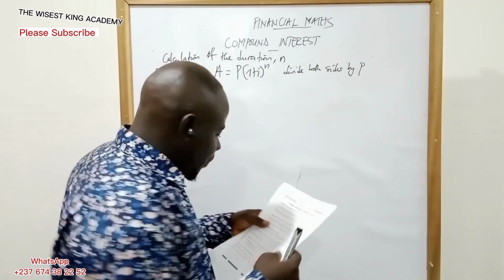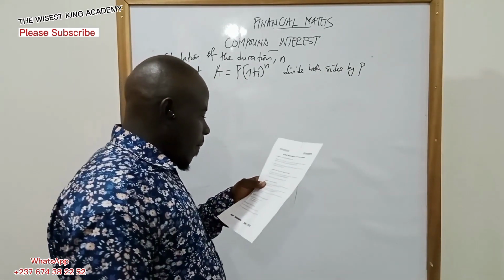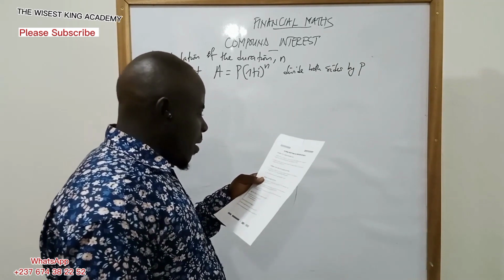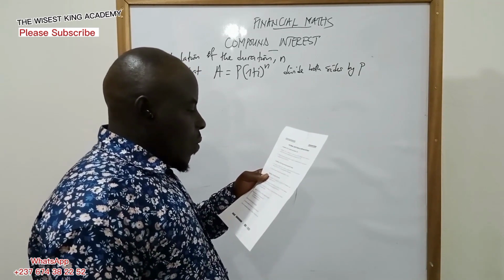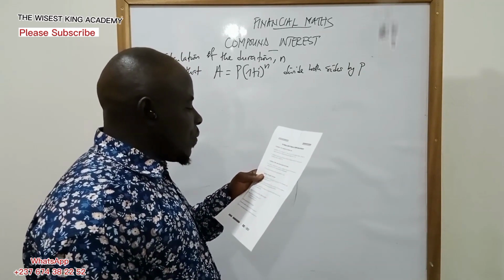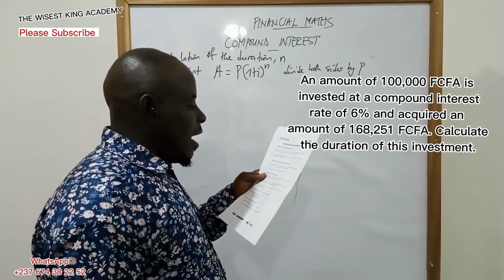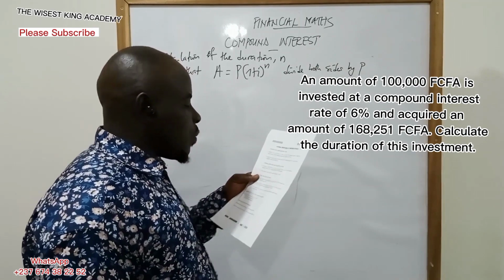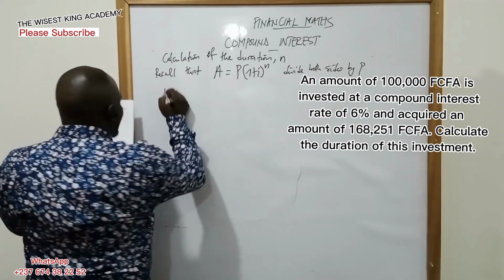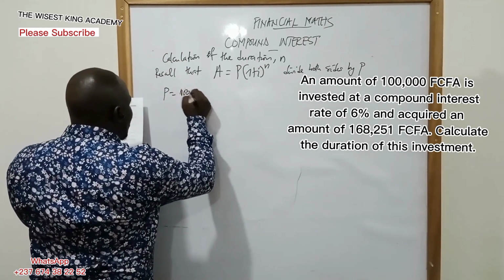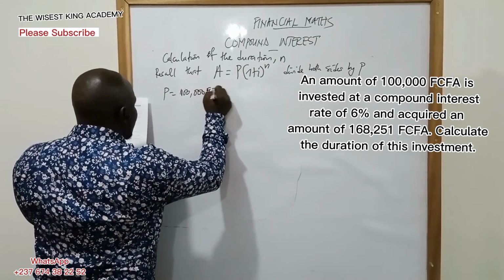Let's take an example. An amount of 100,000 francs is invested at a compound interest rate of 6%. So our P there is equal to 100,000 francs CFA.